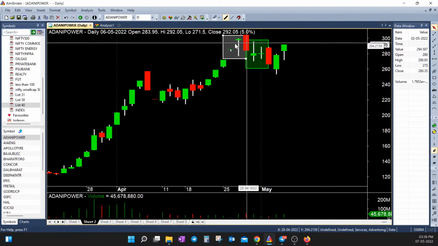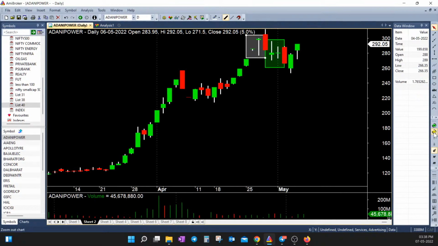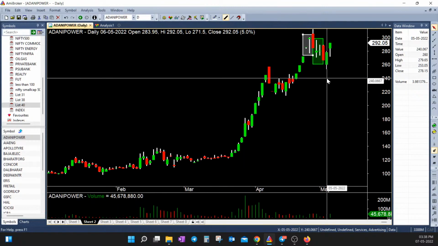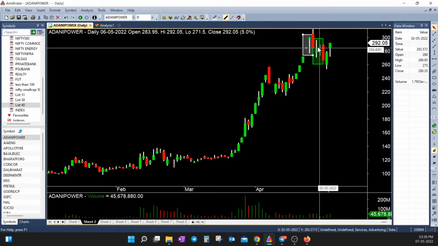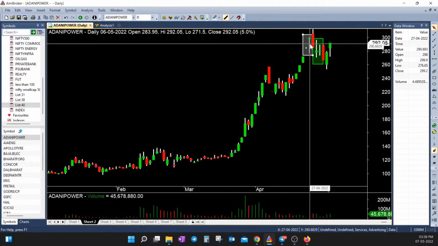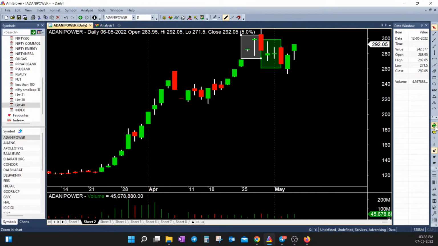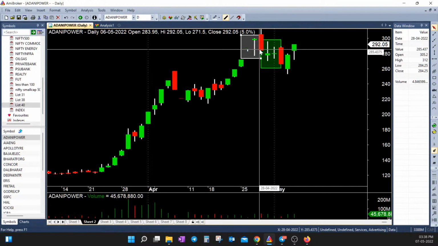So I will not take any trade, though it has already rallied much. I can take a chance here, okay, with this 300 as the stop loss. Sorry, yeah, 299.3, that is 300 as the stop loss. I can take a chance, but I do avoid this script. Got it?